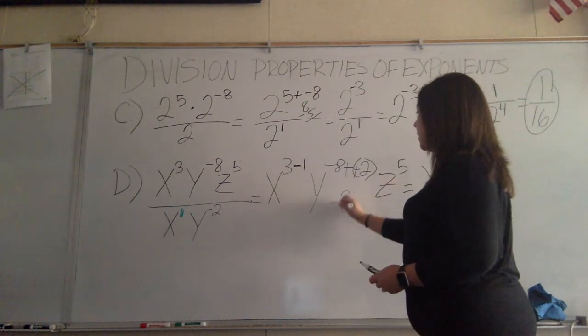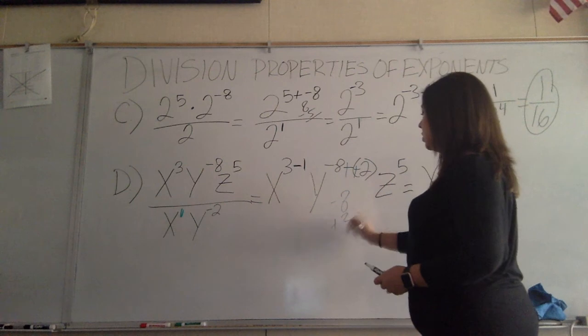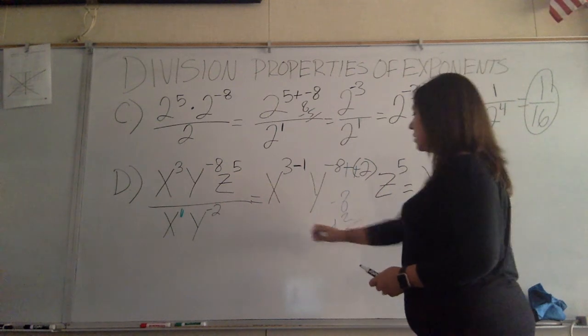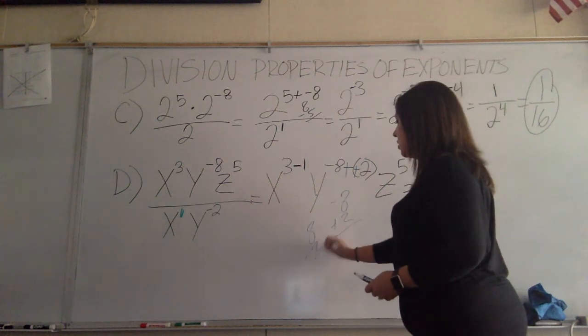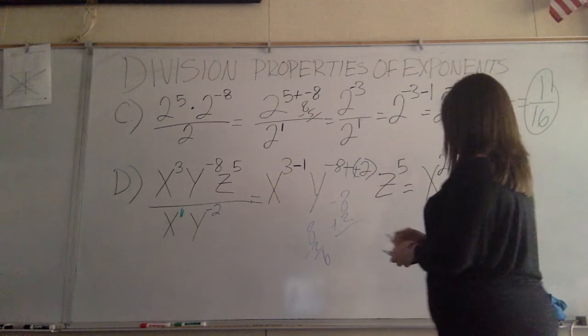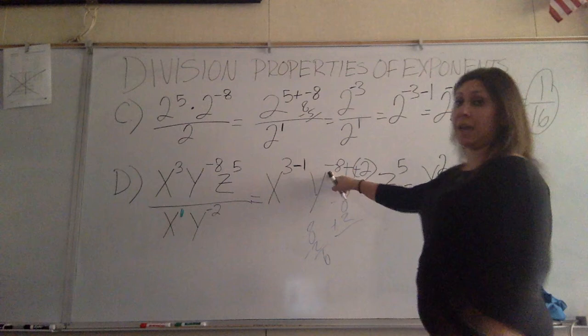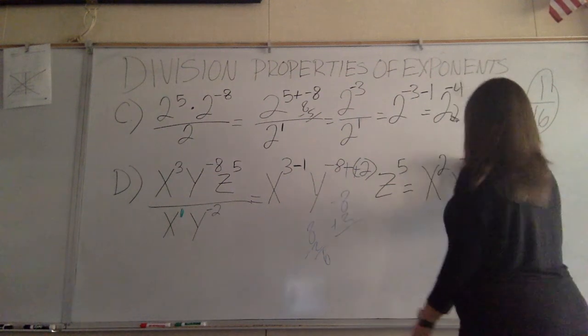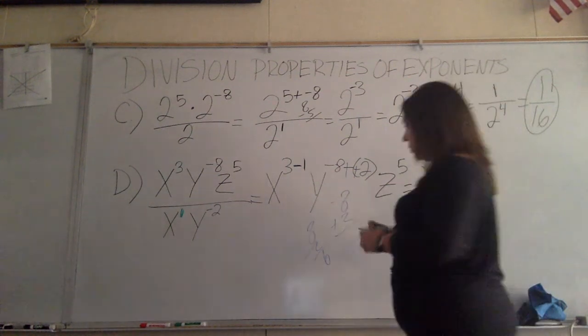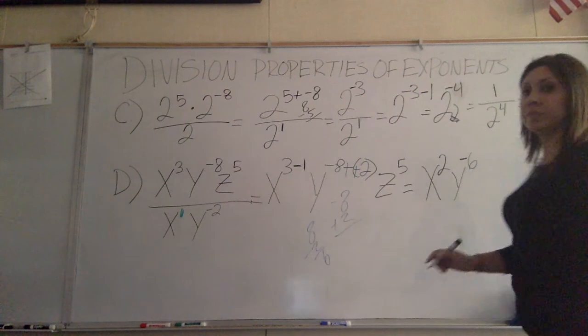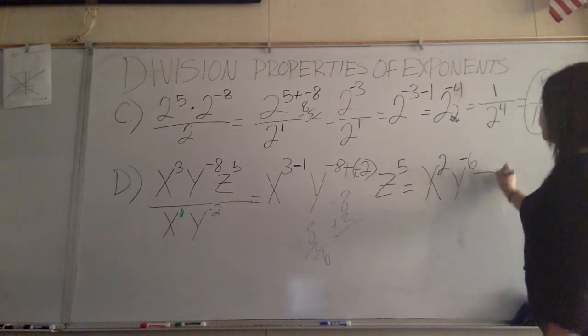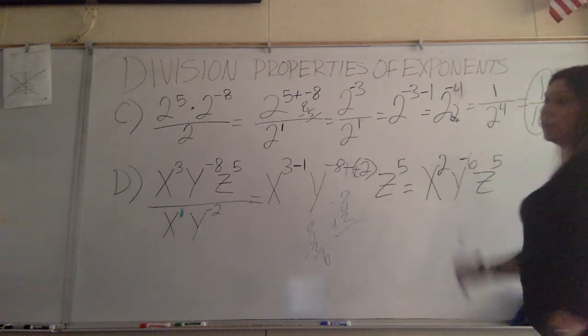So I have negative 8 plus a 2. Well, that means I have to subtract. 8 minus 2 gives me a 6. So I'm going to have y to the 6, but because the 8 is bigger, it's going to be negative. And I still have this z that's just hanging out.